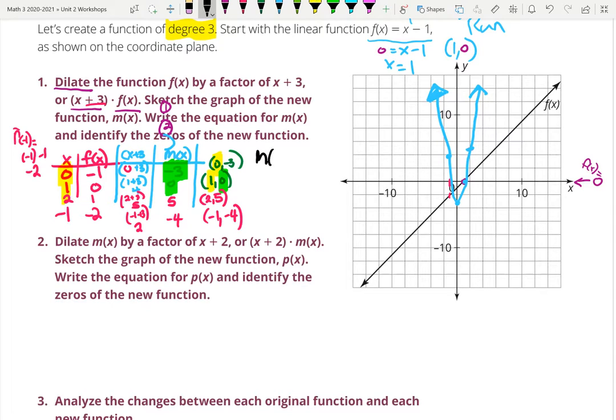Well, m of x is equal to x plus 3 times f of x. Well, what is f of x equal to? x plus 3 times x minus 1. Okay.